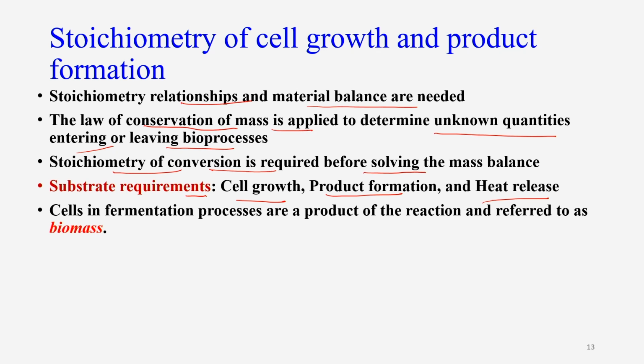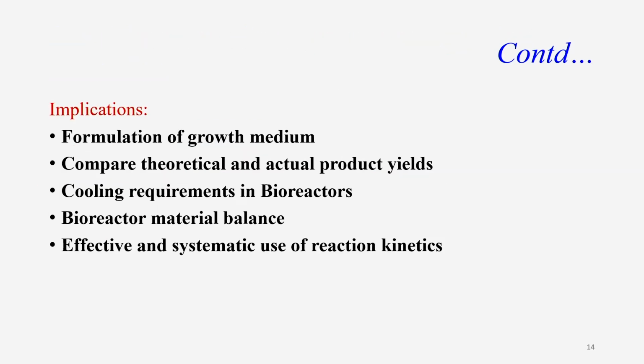Typically in the bioprocess, cells are also considered as a product of reactions, and most of the time we do not refer to them as cells, rather we refer to them as biomass. So, in most of the conversations or the subsequent slides, typically we will be calling it biomass in place of cells.